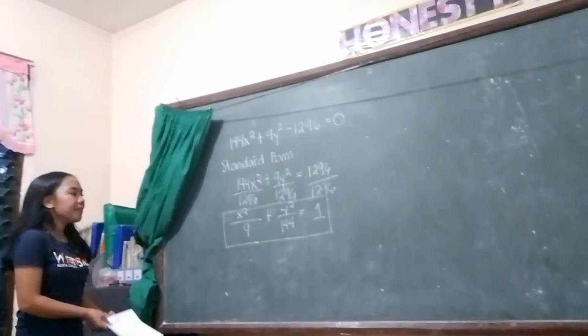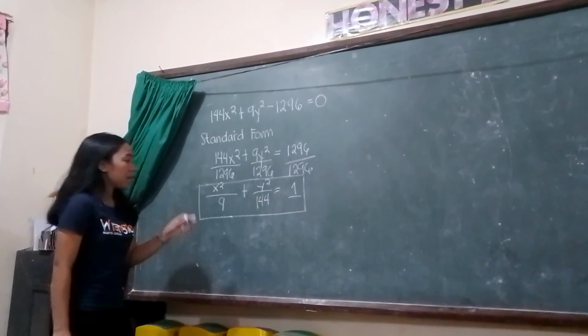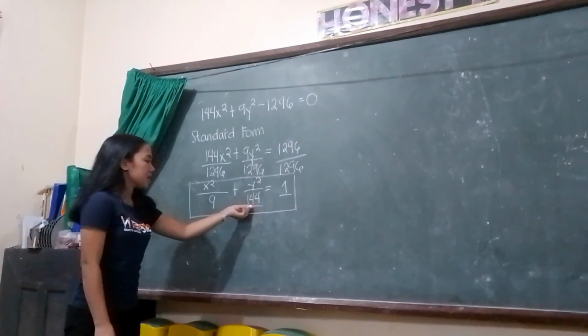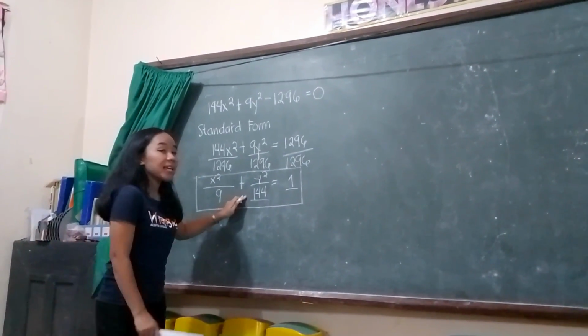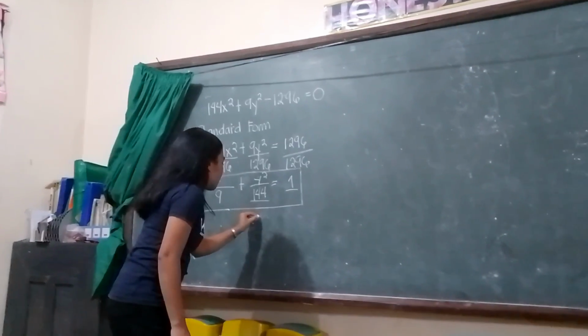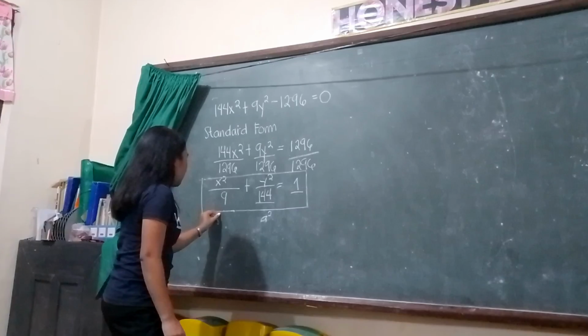And therefore, our a squared right now must be here, since this has the highest denominator. So a squared, and this is our b squared.